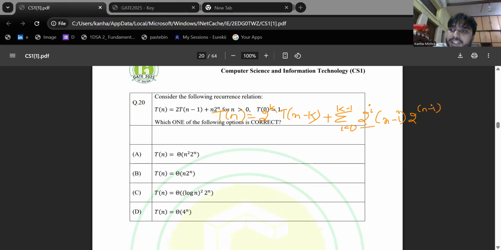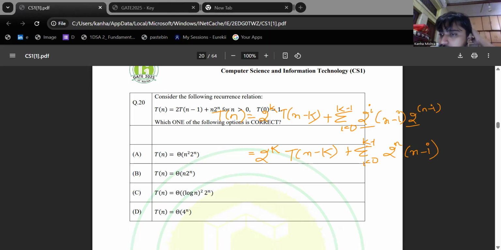Now we can multiply these two terms. It comes out to be 2^k T(n-k) plus the summation i equals 0 to k-1. Powers get added, so i plus n minus i will be 0, so 2^n into (n-i).